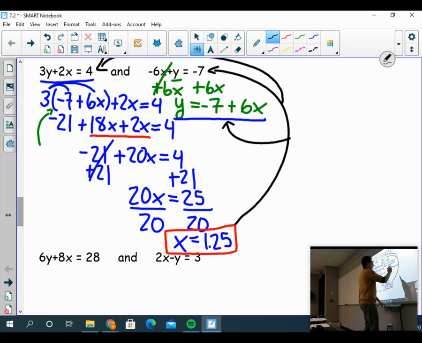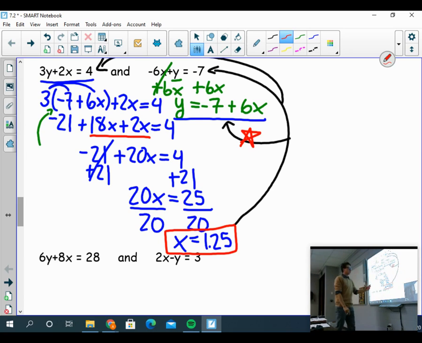Those equations are the same, so I actually have 3 spots I could plug x into. And I'm actually going to plug it into this third one. Again, why? It's the easiest to work with, it looks like to me. If you want to plug that 1.25 into one of the others, be my guest. But to me, the third option's the easiest.